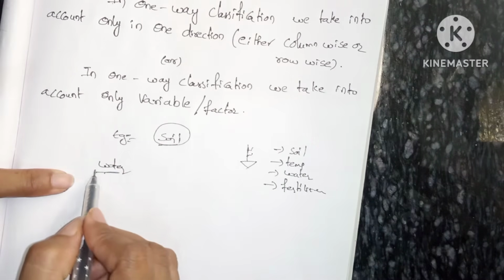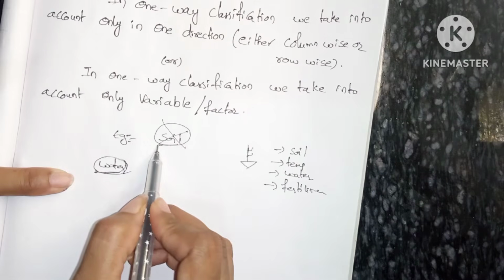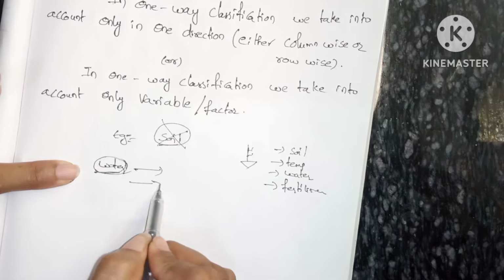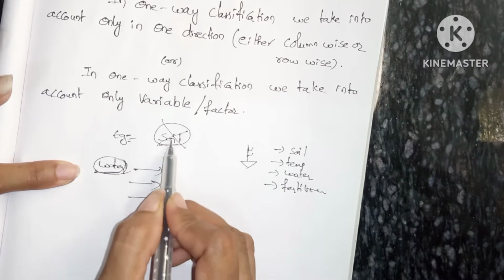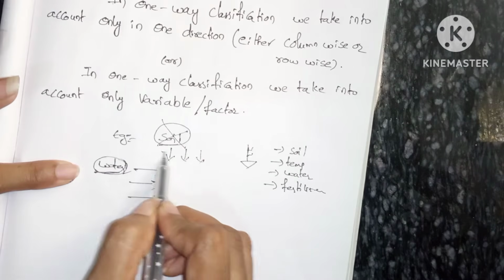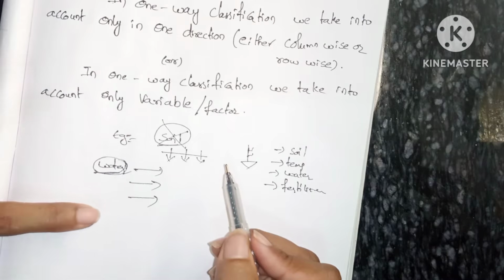That means only one factor I am going to consider. I don't want this one. So water is in row wise data, but soil is in column wise data. But I don't consider this soil, I only consider this water.